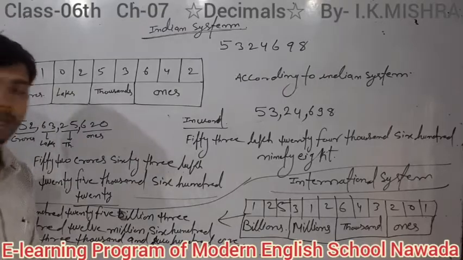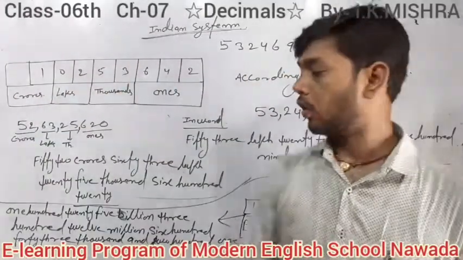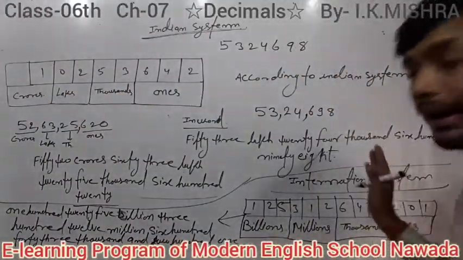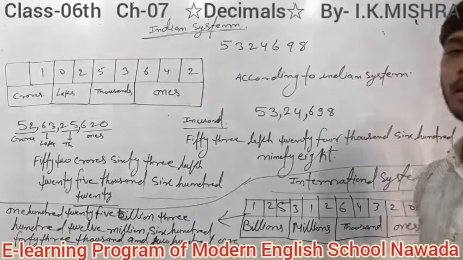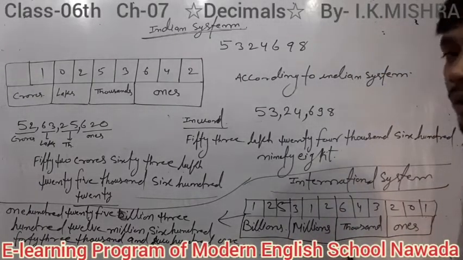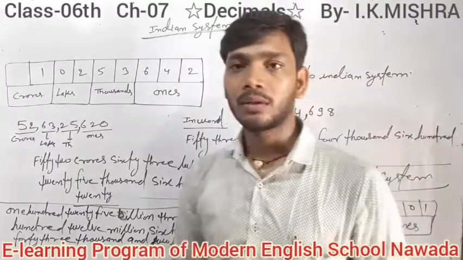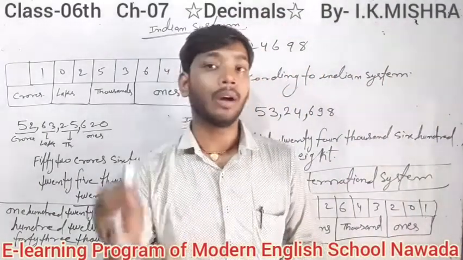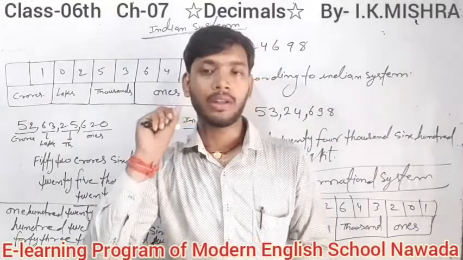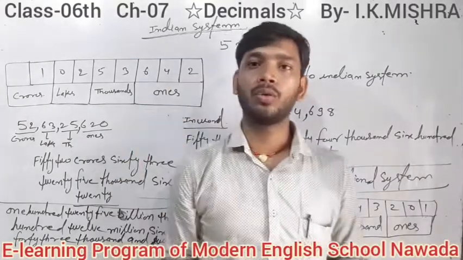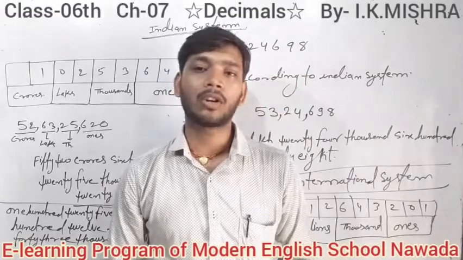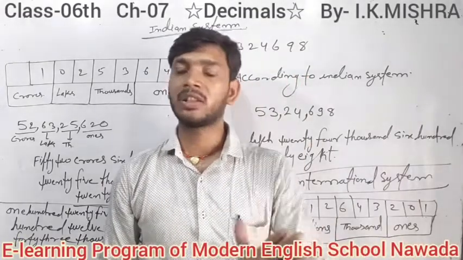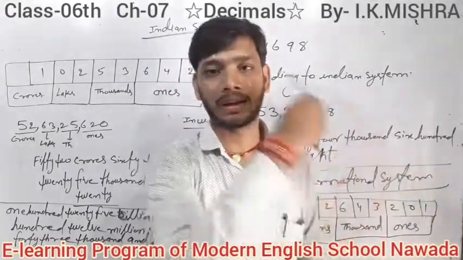Similarly students, you can write the name of a number according to the international system. Here you have to ask the question: put the comma according to the international system. Students, according to the international system, put the comma after each 3 digits from the right side.